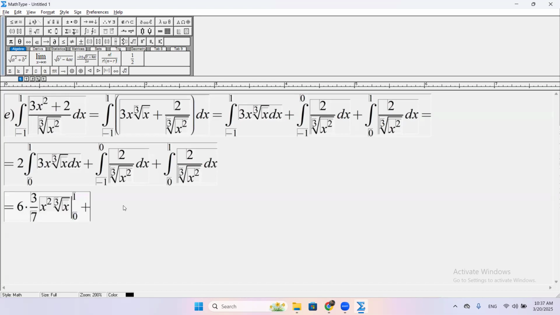And plus, here the power is 2 over 3, minus 2 over 3 plus 1, plus 2 multiplied by 3x over the cube root of x, with the substitutions from -1 to 0, and analogously for the other integral, from 0 to 1.